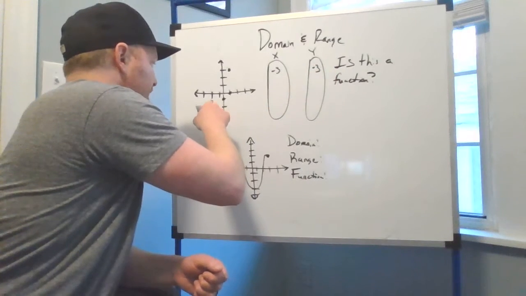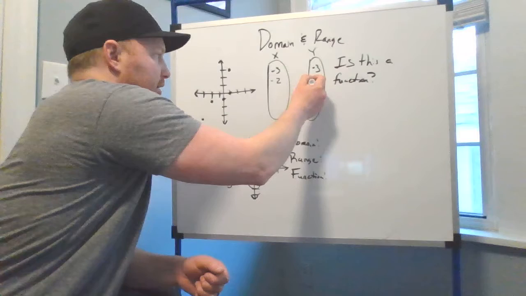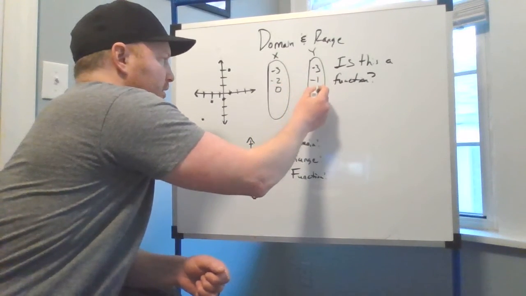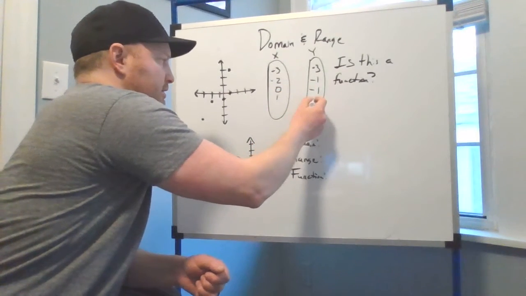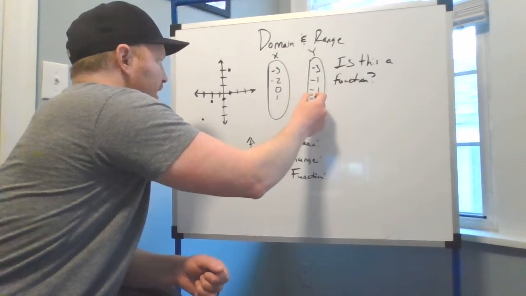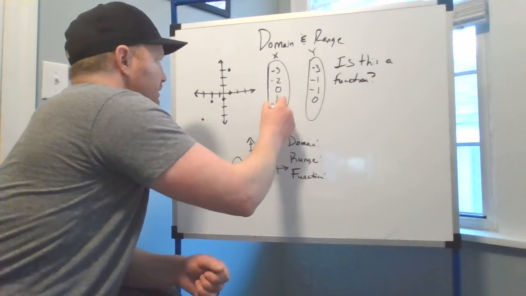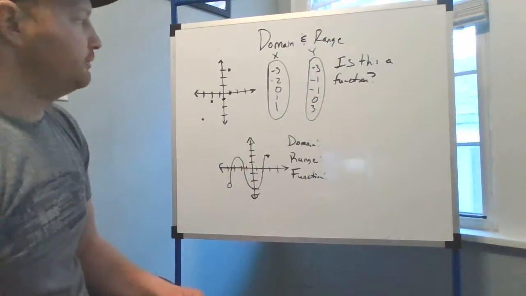Okay, I got this as -2, -1. I got this as 0, -1. I got this as 1 and 0, and then I got it at 1 and 3.